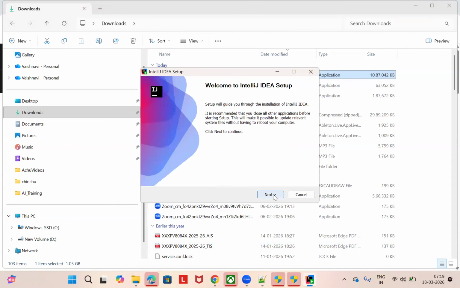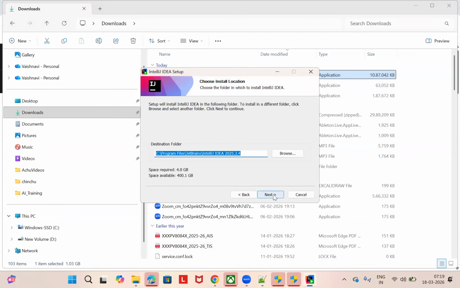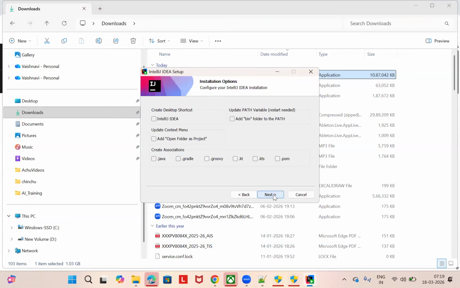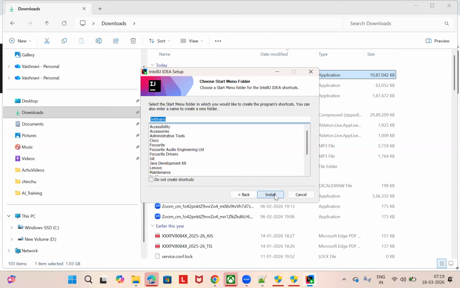Click on next. Next. Create desktop shortcut. Create associations, select dot Java. Yeah. Click on next. Install.